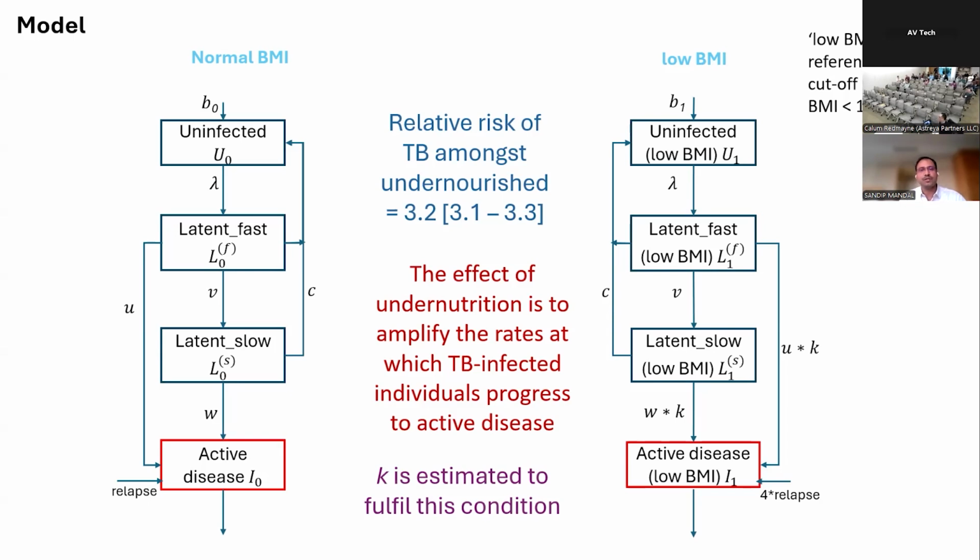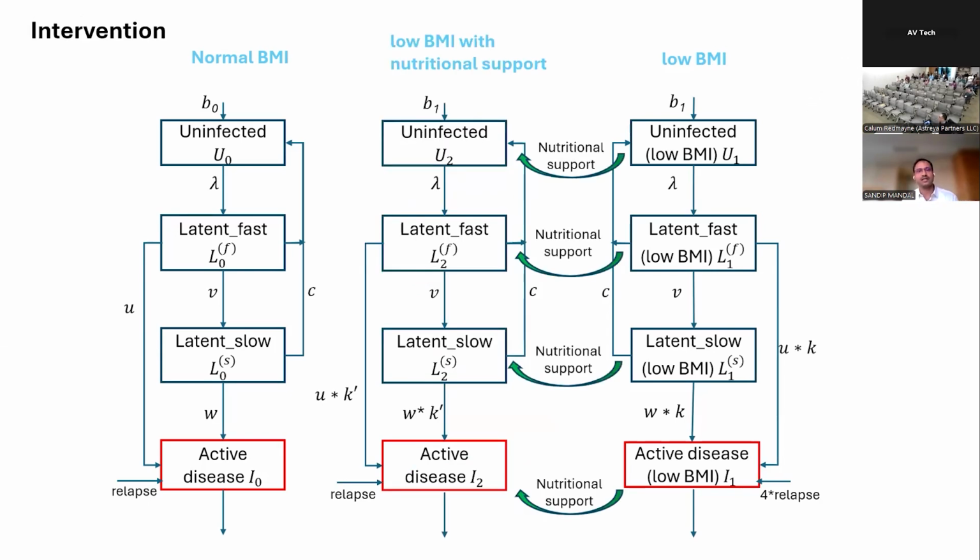In the next step, we introduced another compartment, for those who are getting nutritional support. It has a similar structure, but for those getting nutritional support in different categories. Here the difference is that if we give nutritional support, their progression rate and activation rate would be reduced. Here it is K, and now we introduce K prime.